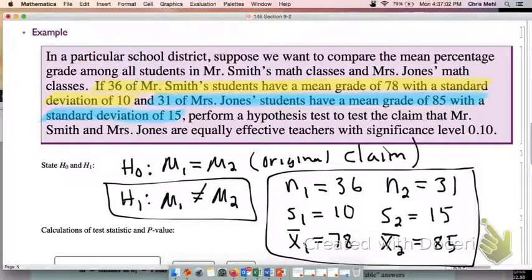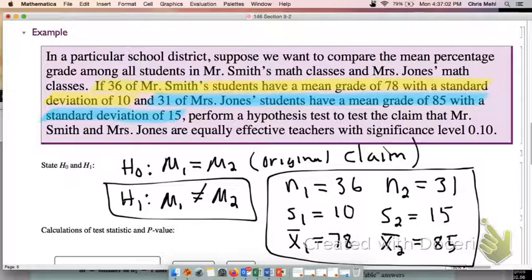You might want to write this down on paper as well before you go over to StatCrunch. Now that I have written down my sample statistics and noted my alternative hypothesis, keeping in mind that the original claim is actually the null this time, let's go into StatCrunch and have it calculate a test statistic and p-value for us.